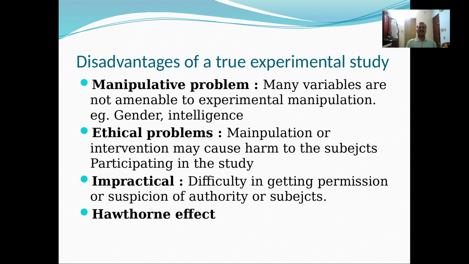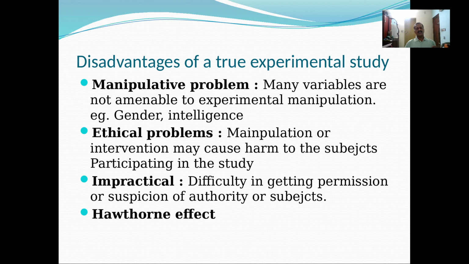For example, if you want to do a study on COVID patients, they may suspect whether the data collected will be shared with others, whether the person's personal information will be misutilized, whether their privacy will be affected. So many doubts will be there. And many times, because the study may damage the reputation of the institution, institutional authorities will not give permission for doing the studies.